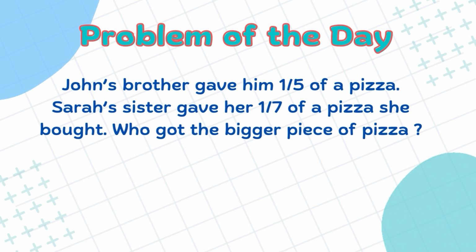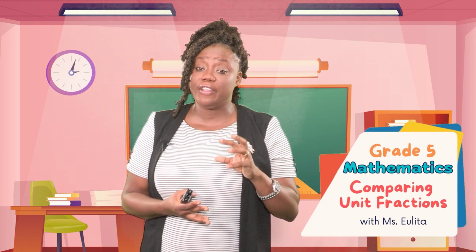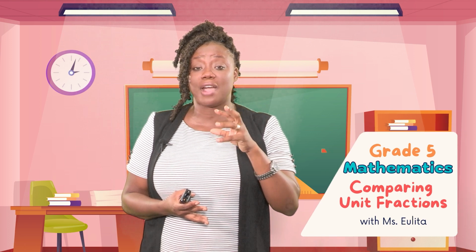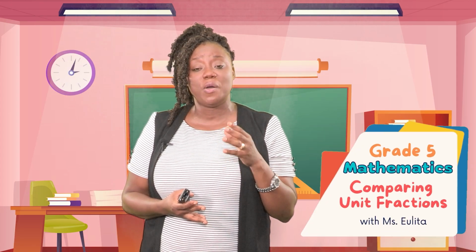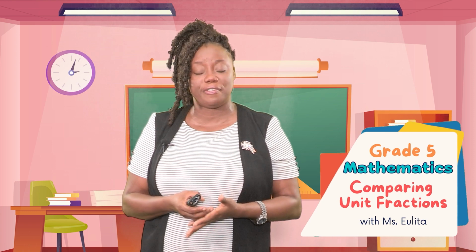Which denominator is smaller? 5. So therefore, 1/5 is the greater fraction. Who got the bigger piece of pizza? John got the bigger piece of pizza, which is 1/5.